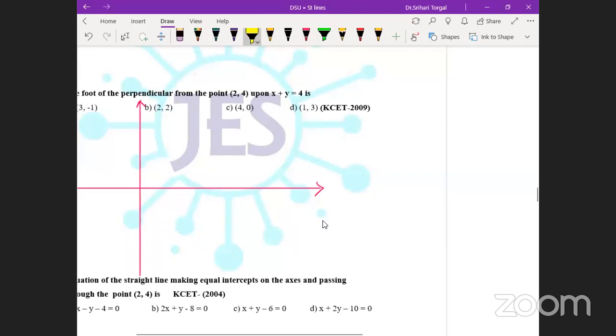Let me draw the graph of x + y = 4. If you put y equal to 0, you will get the x value as 4.